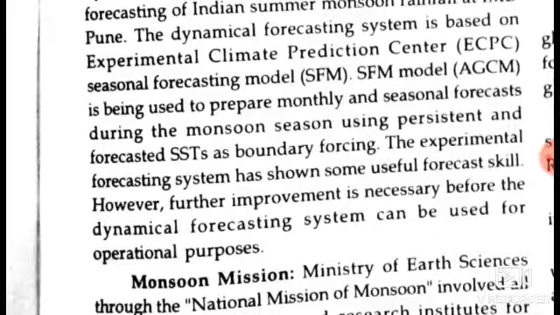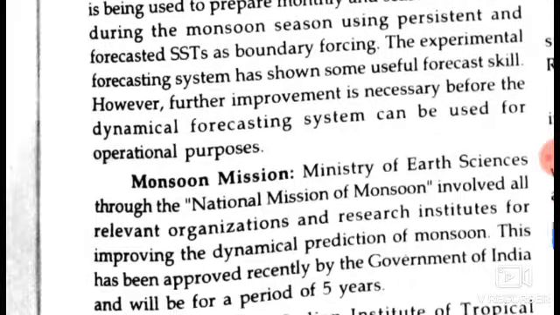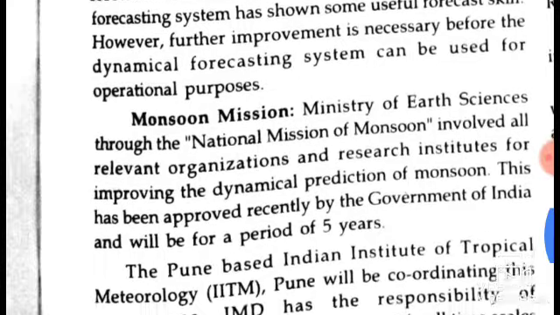The experimental forecasting system has shown some useful forecast skill. However, further improvement is necessary before the dynamical forecasting system can be used for operational purposes.